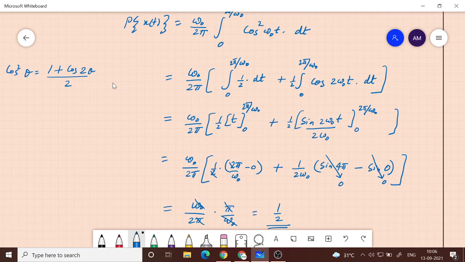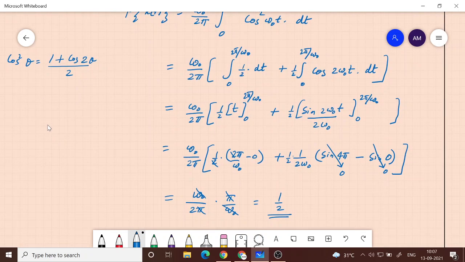Here you are saying there is a half, right? Yes, sir. But it doesn't matter. You are right, but since these two are 0, whether it is there or not, the expression goes to 0. So the final result is half.